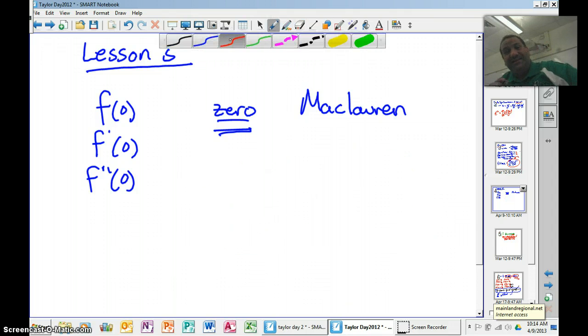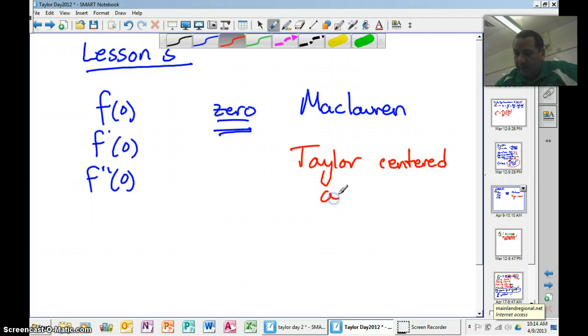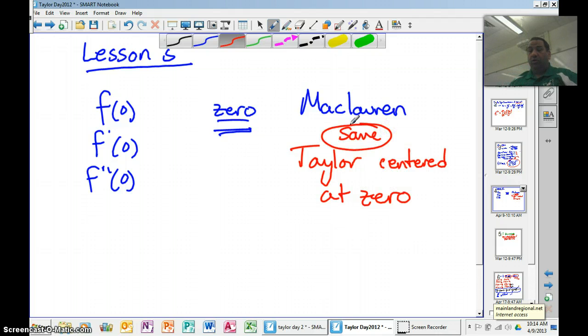That also is the same as a Taylor series centered at 0. So when they say Maclaurin, they mean a Taylor series centered at 0. These are the same.